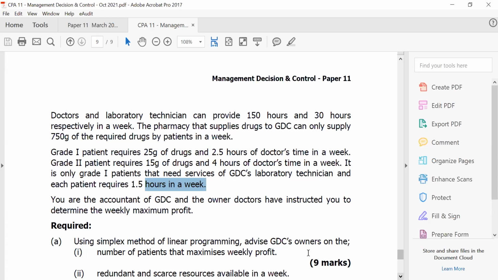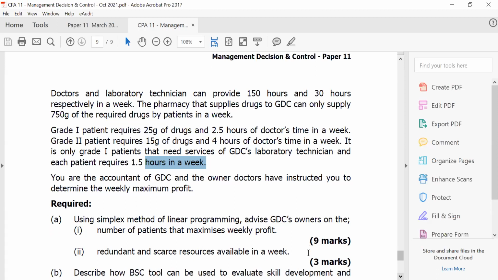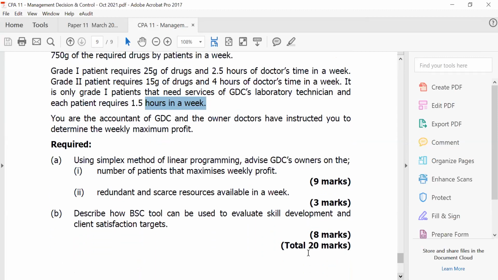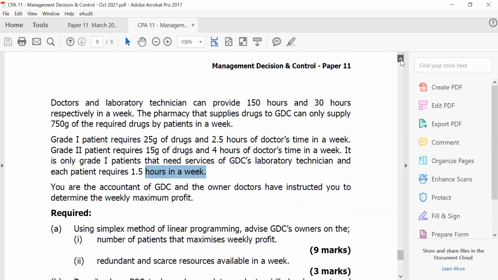And then they're asking you to determine the redundant and scarce resources available in the week. So that is also something that you need to determine. And then they also want us to describe how BSC, the balanced scorecard tool, can be used to evaluate skills development and client satisfaction targets. So those are the three things that we need to look at in this case.